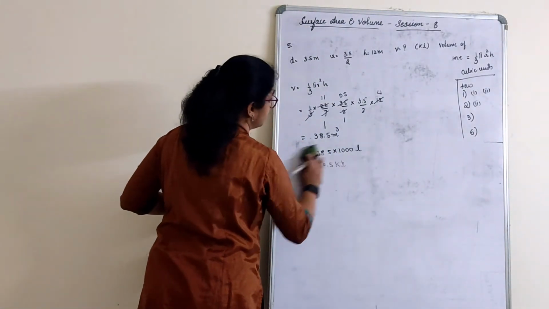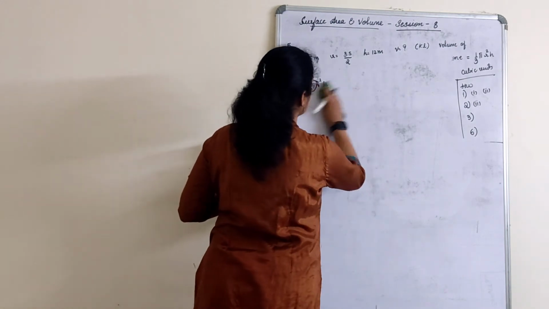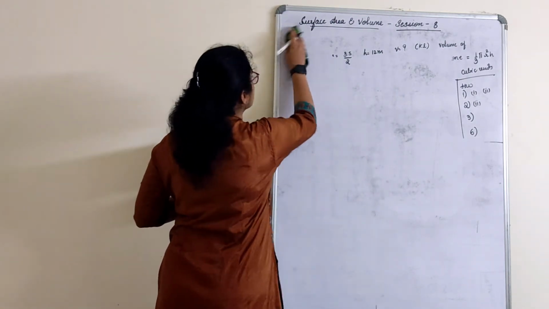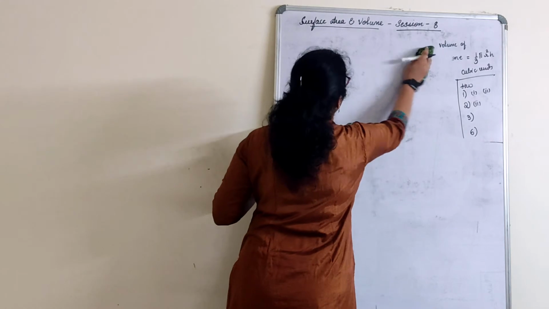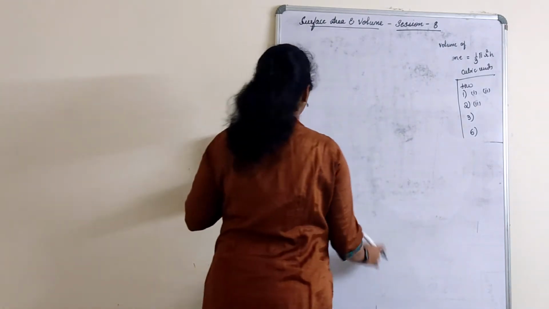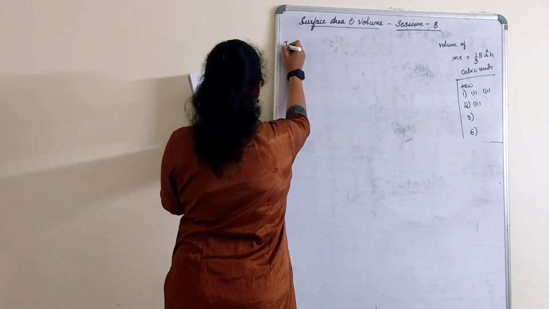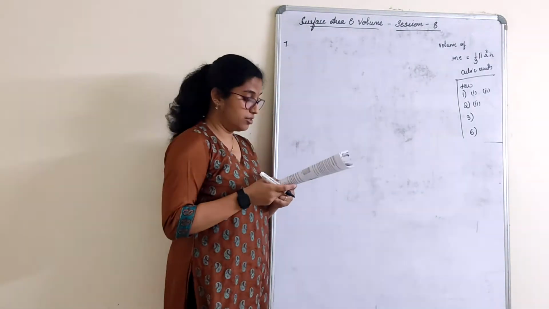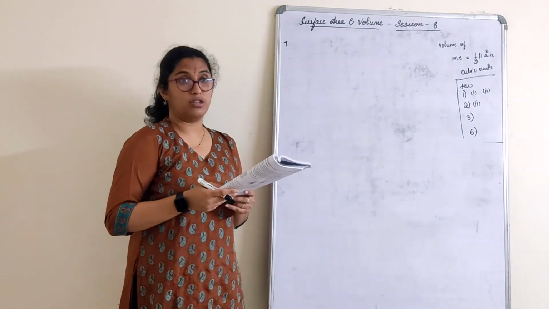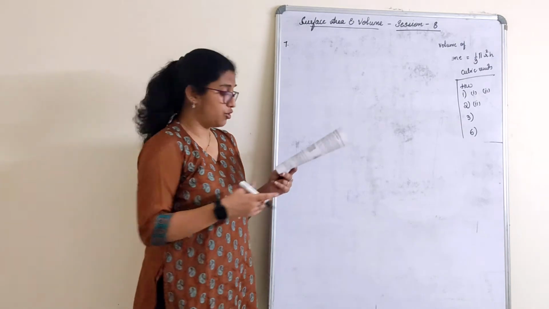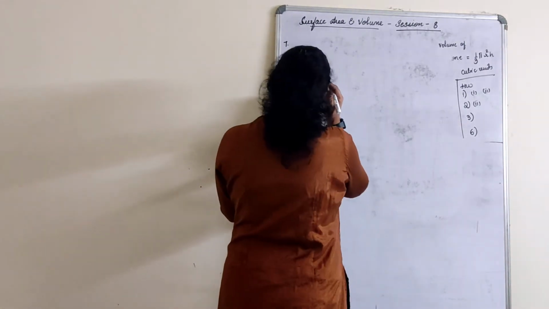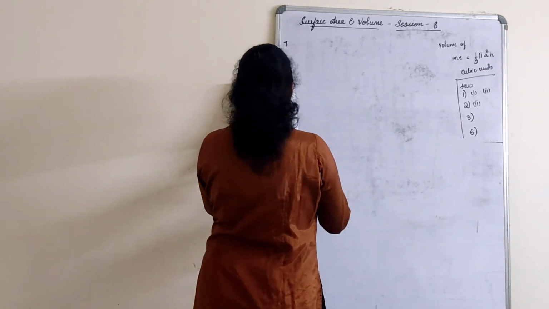Seventh one. Seventh and eighth are interrelated. Usually in the exam they ask a combination of both. Right angle triangle ABC with sides.